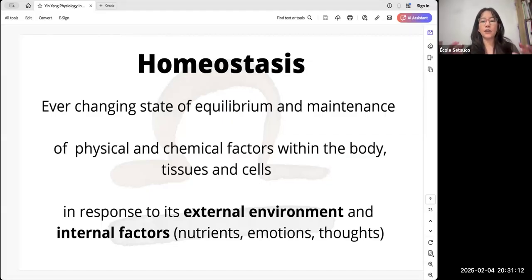So all of these things are external environments, also internal factors. We're digesting nutrients, we're processing oxygen and carbon dioxide, and even emotions and thoughts, right? Those can change the way that we process things and can imprint the cellular matter. Okay, is everybody familiar with the science of the water? There was a study, they put good intentions into the water and they examined it and they formed beautiful crystals.